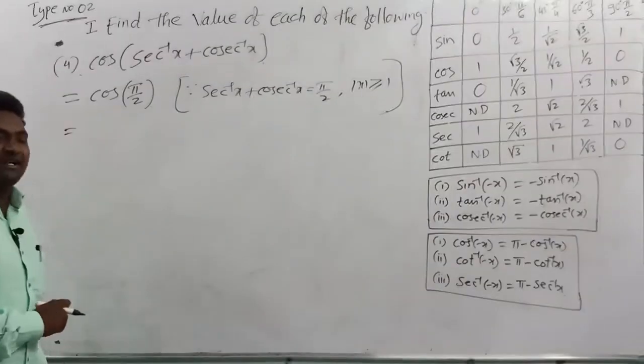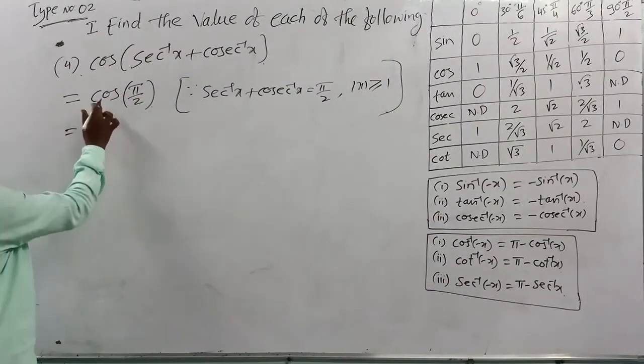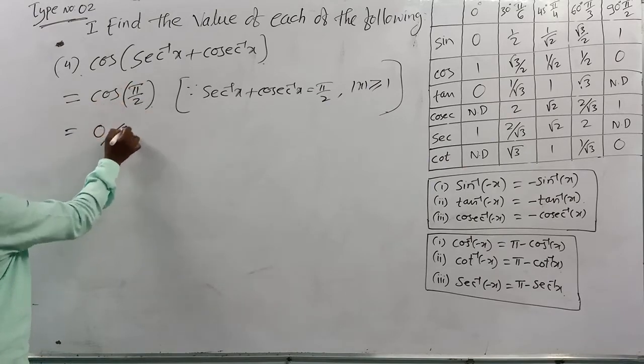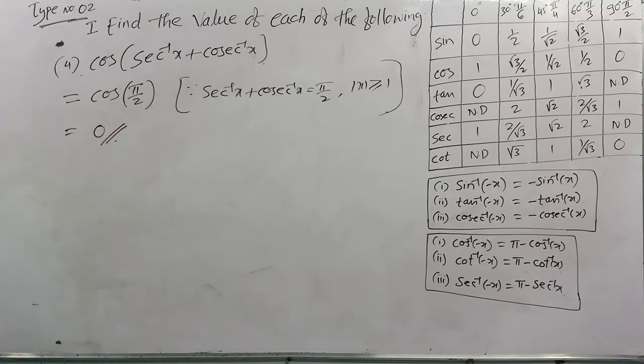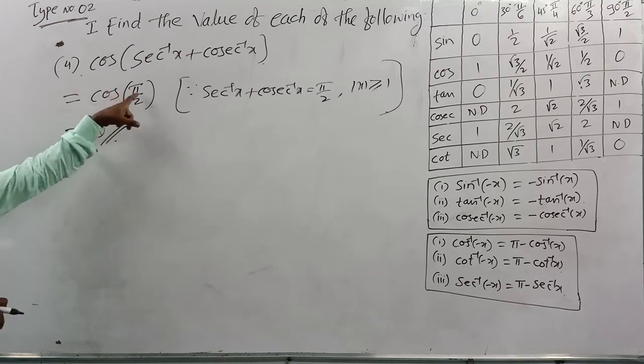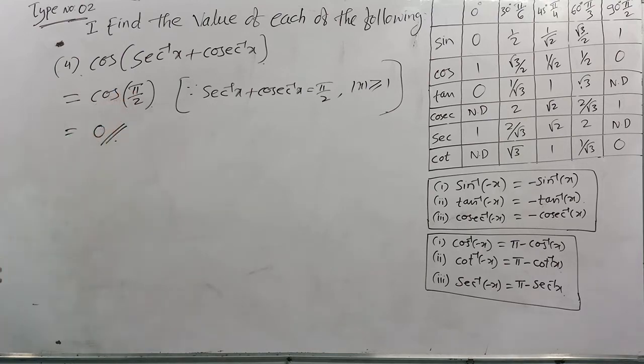Its value is 0. Means cos pi by 2 is equal to 0. This is the required value.